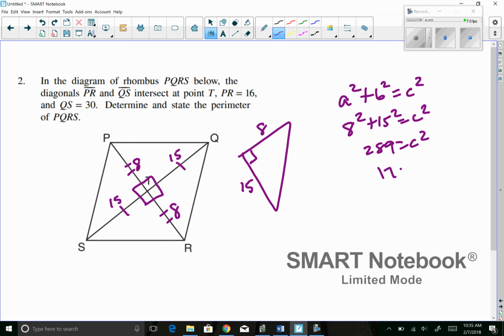Square both sides, and we get C is equal to 17. Now, 17 is not your answer, right? If you look on the answer sheet, 17 is not the answer. But what we just figured out is that one side is 17, meaning since it's a rhombus, all of the sides are 17. So if I wanted to find the perimeter of this, it would be 4 times 17, which is 68.